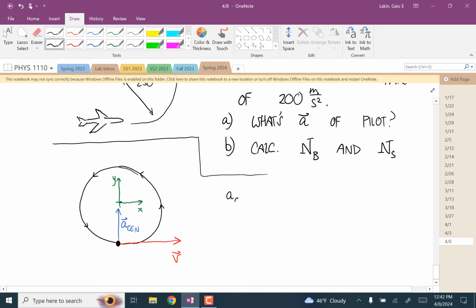The magnitude of the centripetal acceleration is the speed, this time it's 100 squared, divided by 250.